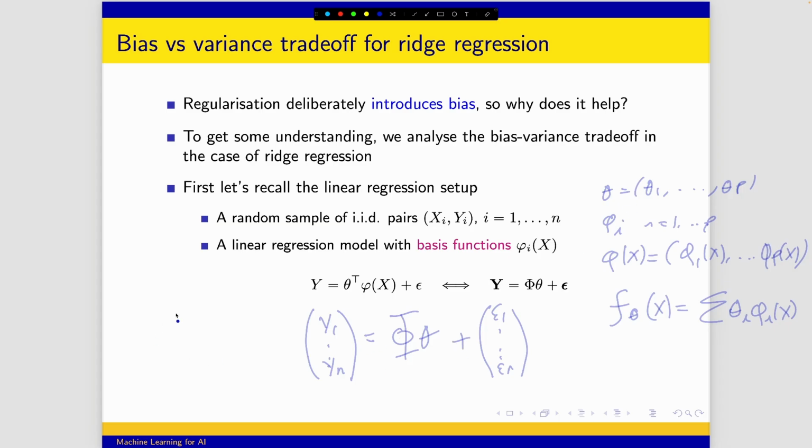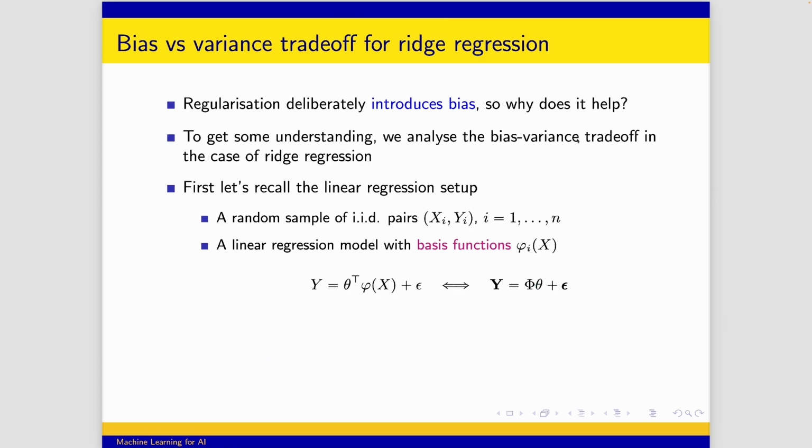So what is this matrix here? Well, phi is equal to the vector of basis functions at x1 as the first row down to the vector of basis functions at xn as the last row. So equivalently, we can write this for all of our data in this compact matrix form.